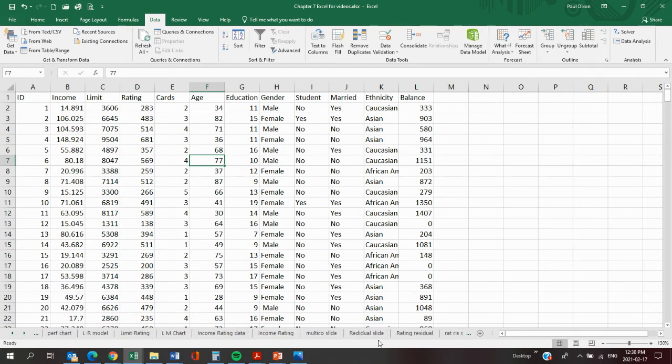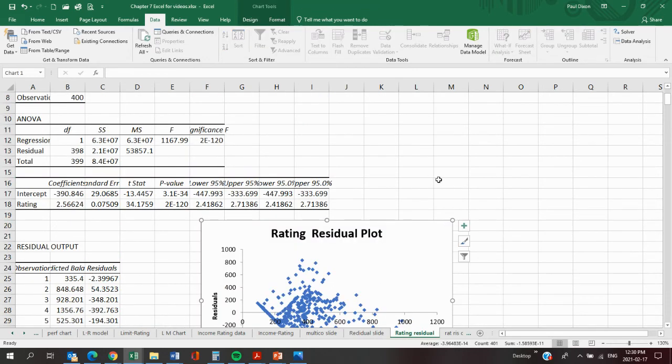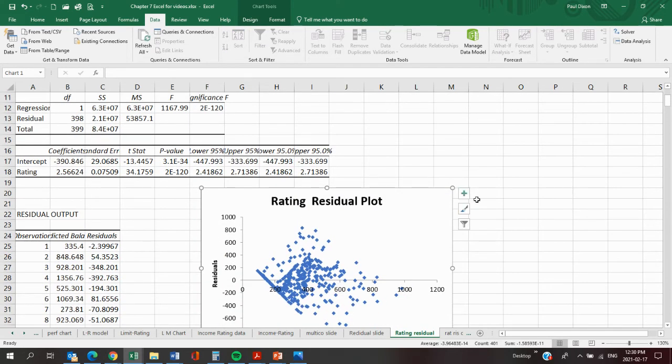So in the very first one, I could have gotten this as being the residuals. The first observation, the prediction was 335, and it turned out there was an error of minus 2.399. It was pretty close. The next one, the prediction was 848, but I was off by 54.